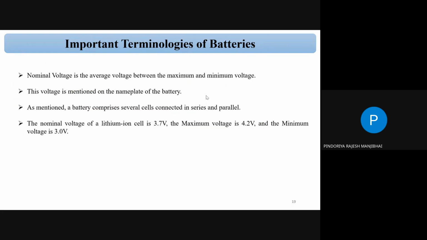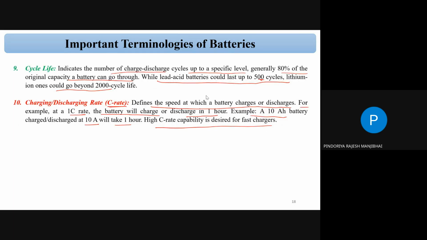Good. Very good. Any more confusion? As of now, two questions are pending. The first one is about ampere hours. What was the question? I forgot it, so please message me.